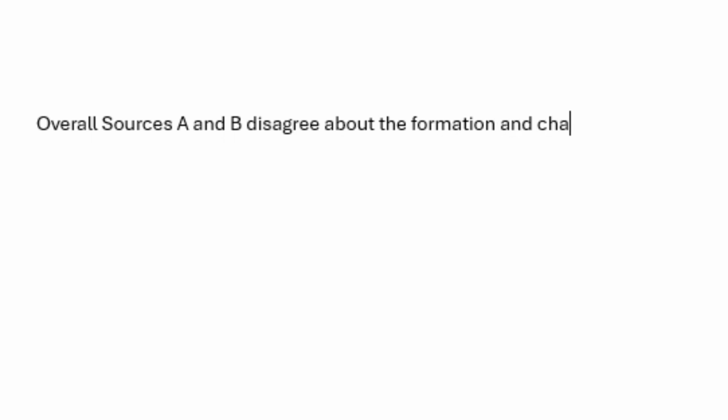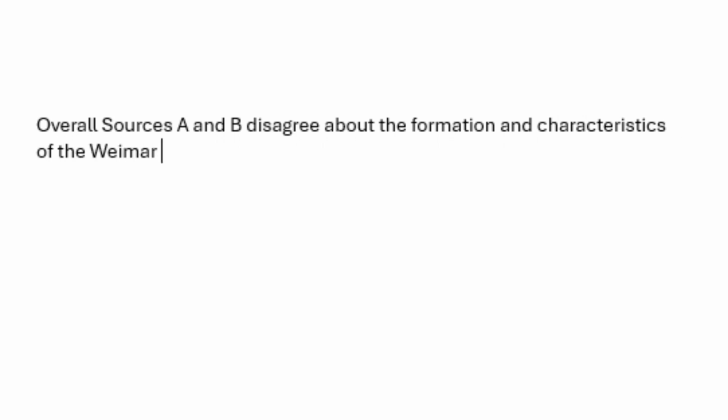I'm going to start: overall, sources A and B disagree about the formation and characteristics of the Weimar Republic. And hopefully that will be enough to get me my first mark for a simple comparison.